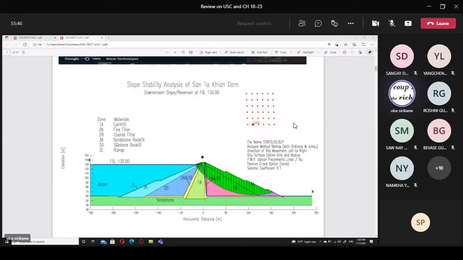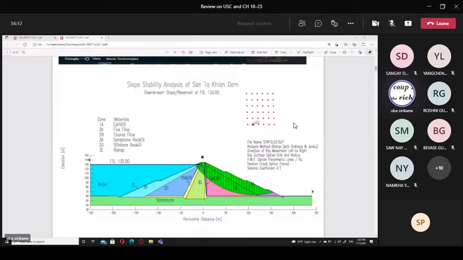We call that part rock fill. And we place riprap at the upper part. For water protection and erosion protection, we use riprap. So this is what we call the zones of the earth dam.